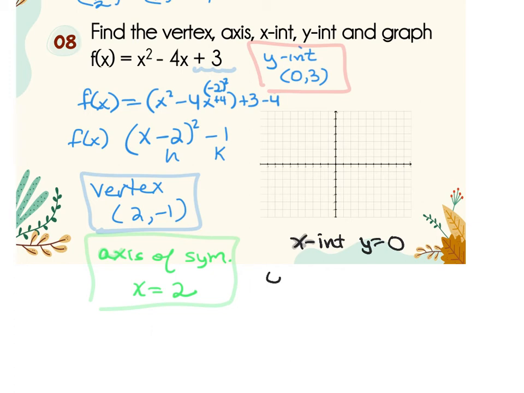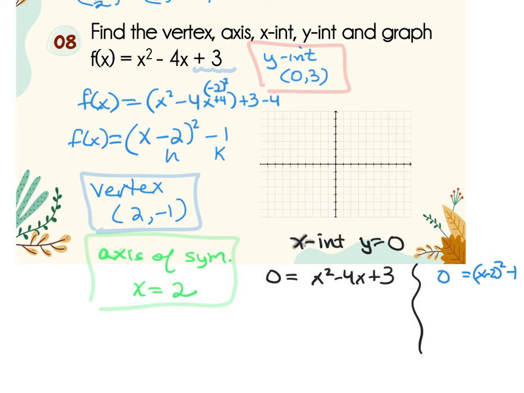You can either use the original, and this one might be easier, doesn't really matter, or we can use this one. So here, if I use this one, it's f of x equals x minus 2 squared minus 1. Either way, let me go ahead and take out the f of x and put in the 0 there.